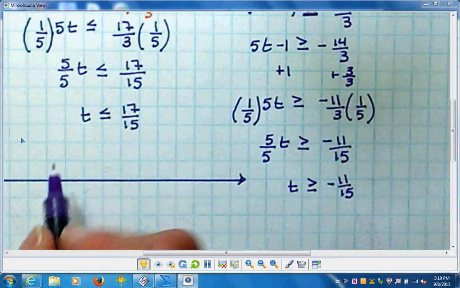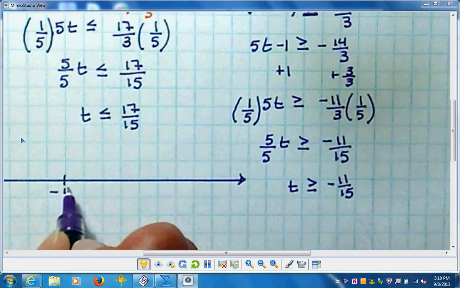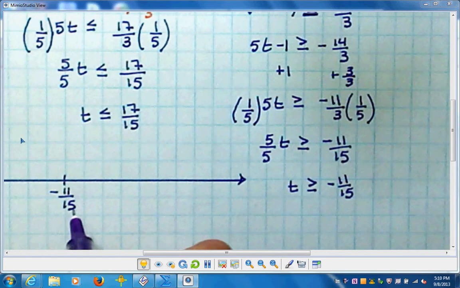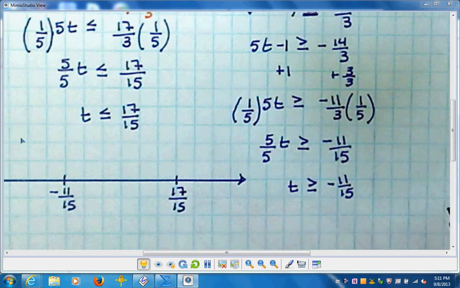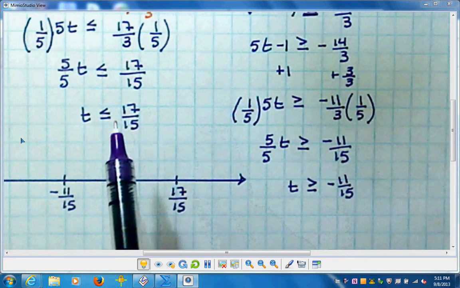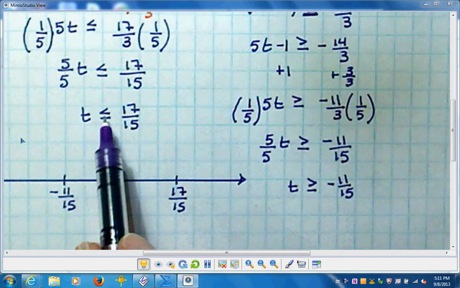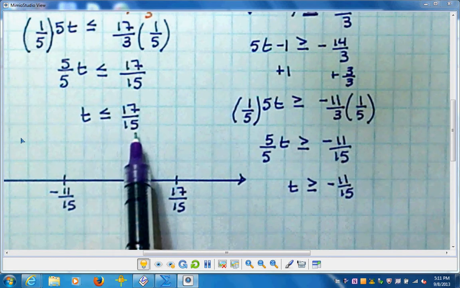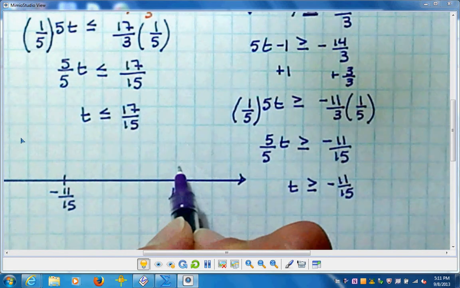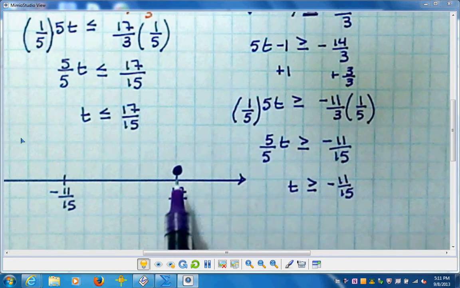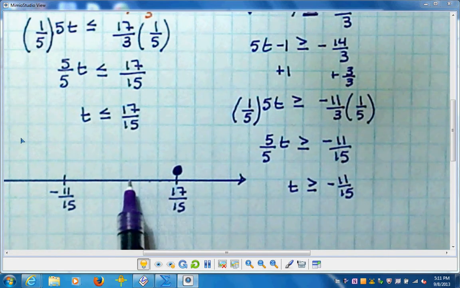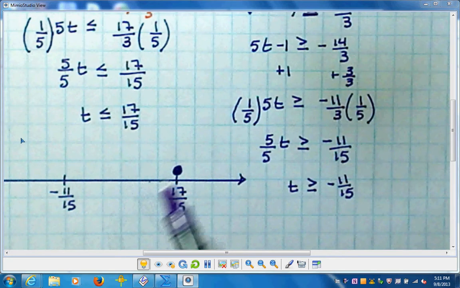So negative goes on the left, so I'm going to say that's -11/15, and positive goes on the right, so that's 17/15. Okay, so now let's look here. T is less than or equal to 17/15. Well, since it's got that little bit of an equals in there, that gets colored in. T gets smaller here as I go towards 0. 0 is somewhere down here.